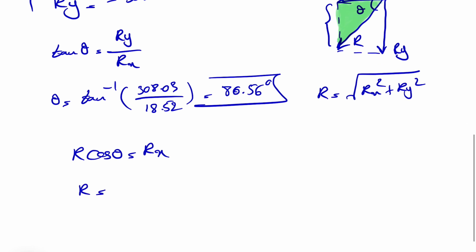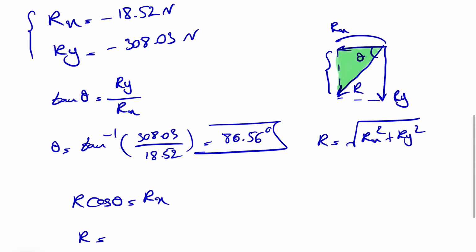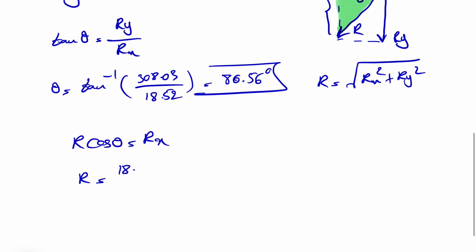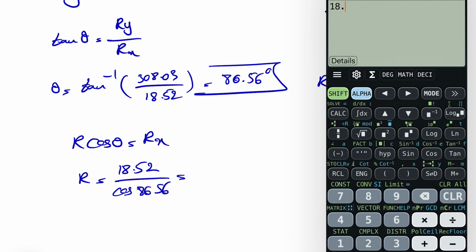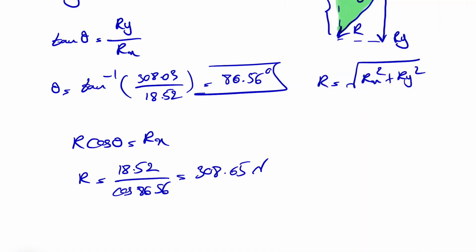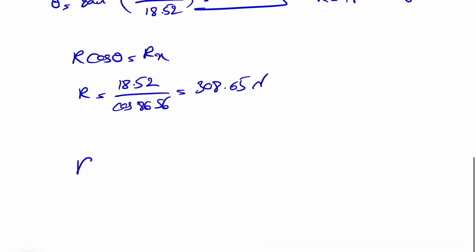So our R is Rx, which is 18.52, divided by cosine of 86.56. That's going to be 308.65 Newton.